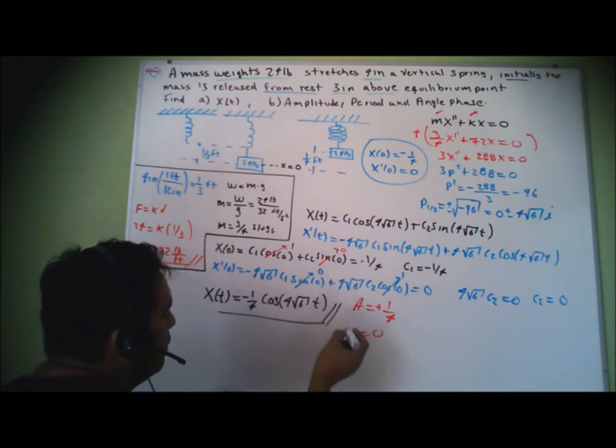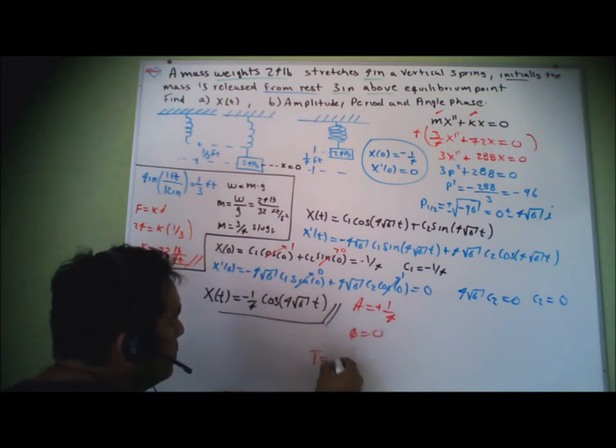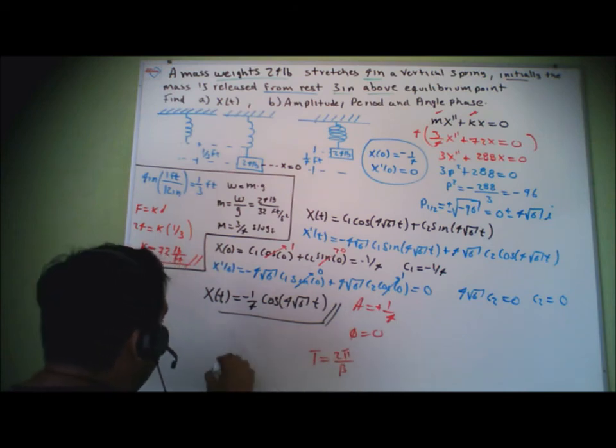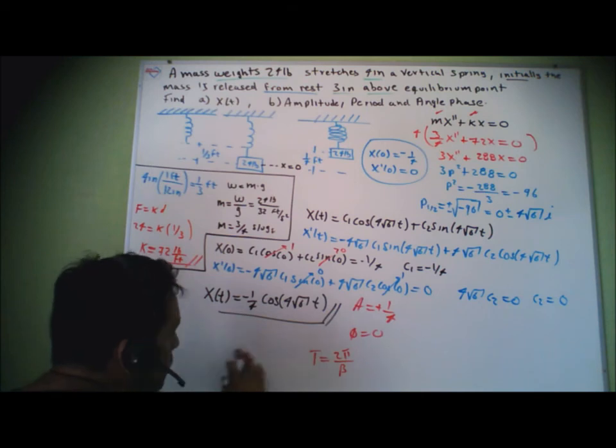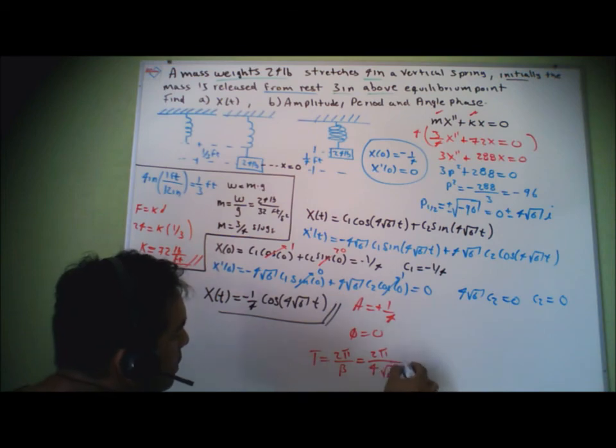We don't have to translate this, but the period, according to the formula, is 2 pi over beta. Let me remember the formula. Yeah, that is the formula. So it's 2 pi over beta, 4 square root of 6, and this is the period for it to repeat.